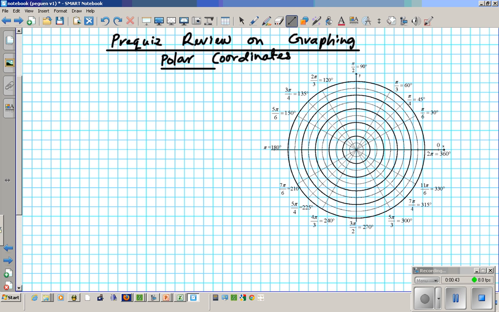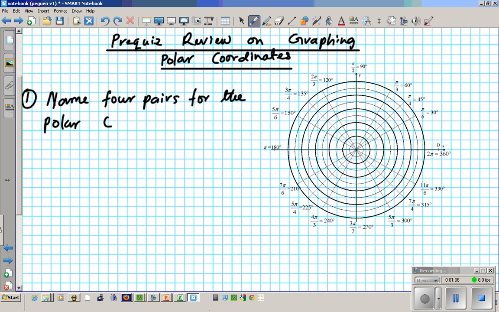All right, so now let's go over some examples. Number one, the task is to name four pairs for the polar coordinate (2, -45 degrees).